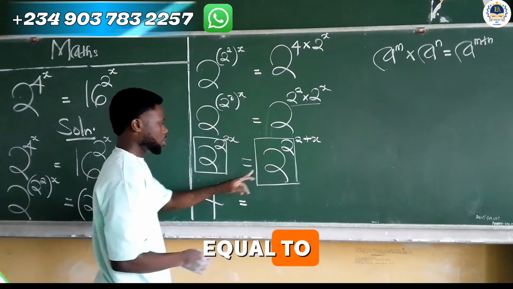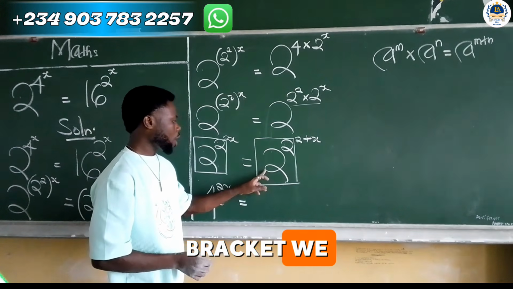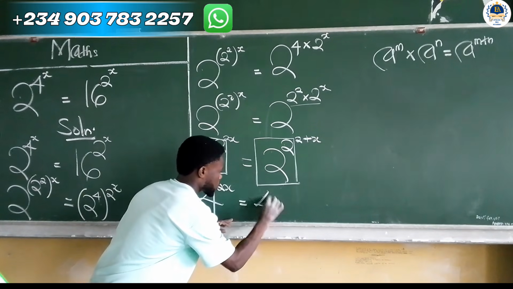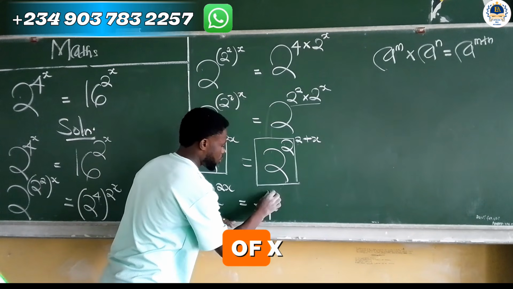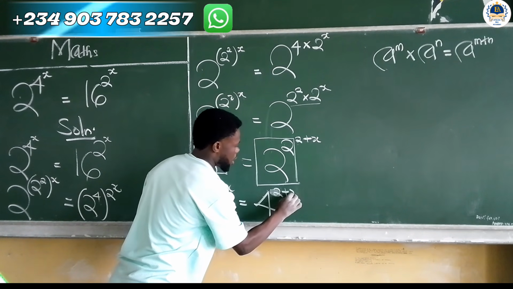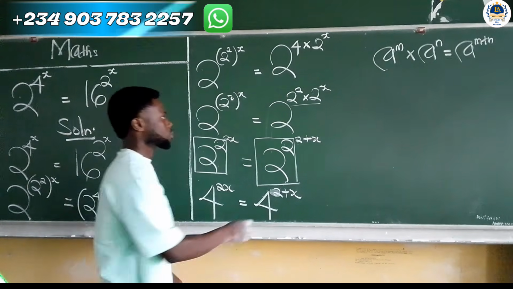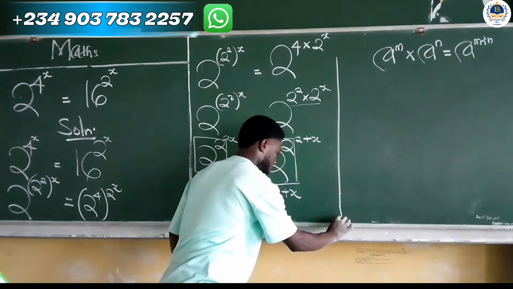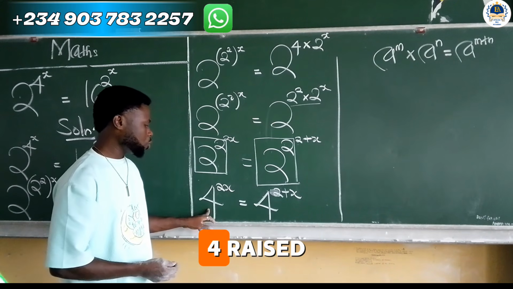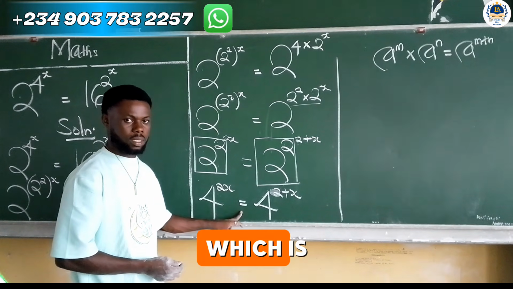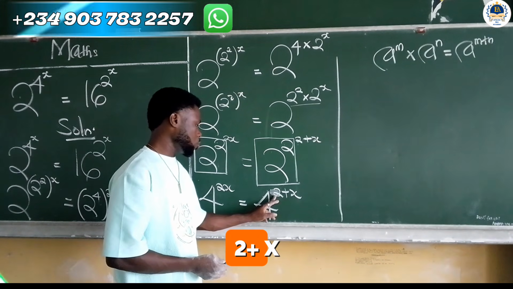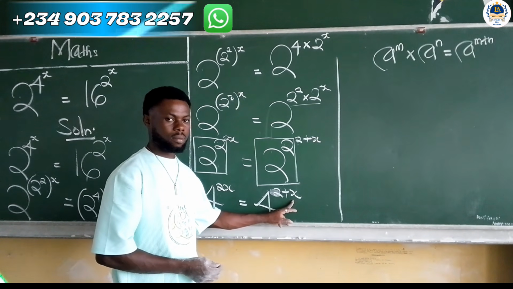This is equal to, in this bracket, 2 raised to the power of 2, which also gives 4, which is raised to the power of 2 plus x. Now at this juncture, we have 4 raised to the power of 2x, which is equal to 4 raised to the power of 2 plus x.